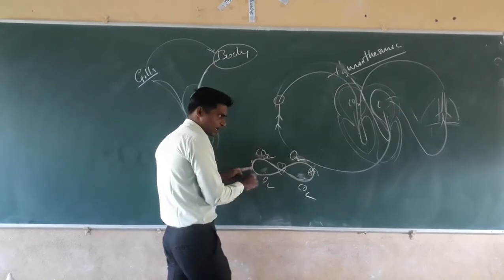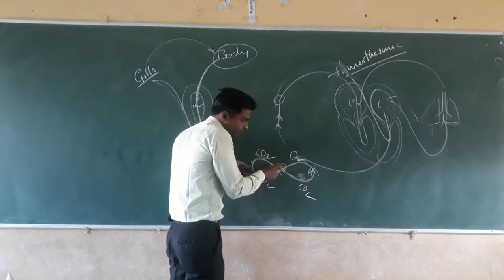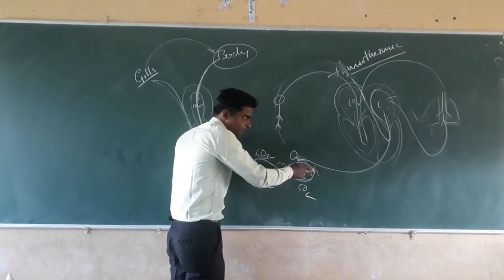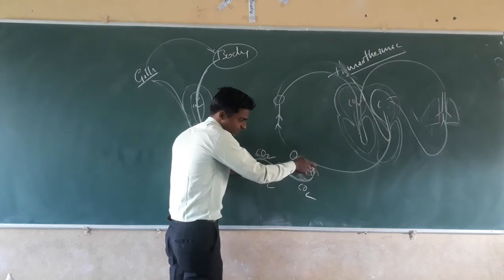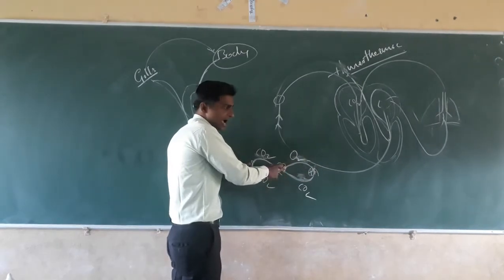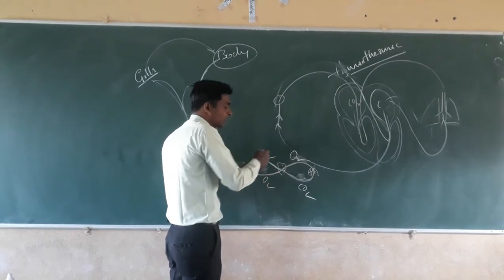Carbon dioxide rich blood from the body goes to the heart once. Then from the heart to the lungs. In the lungs, carbon dioxide is removed and oxygen is added to the blood. Then that blood with oxygen enters the heart again. From the heart, that oxygen rich blood goes to the body.